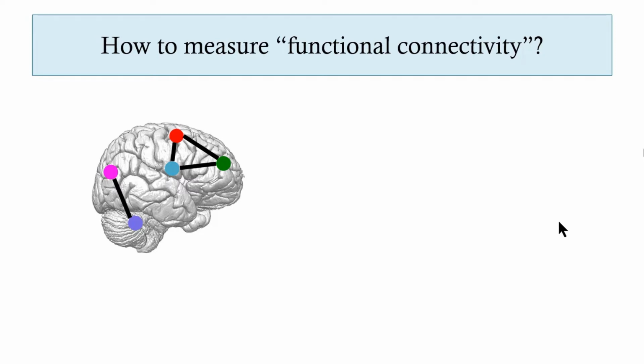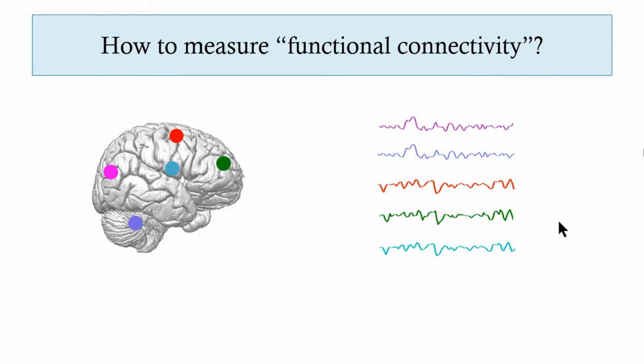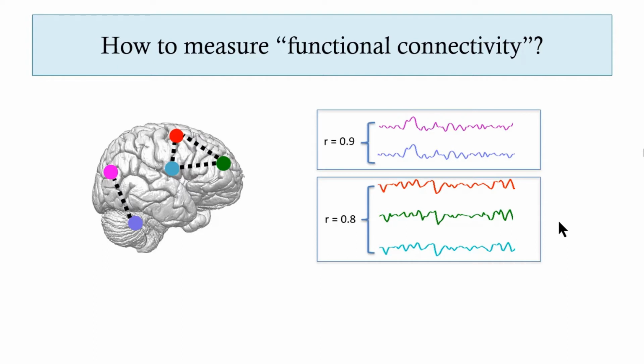Let's simplify that case into just 5 different regions, and they are structurally connected, and we take measurements from them, and we usually do the analysis without any pre-assumption about how they are wired to begin with. Then we simply measure the correlations between different regions or voxels, and based on that, we make an inference about the underlying connectivity.